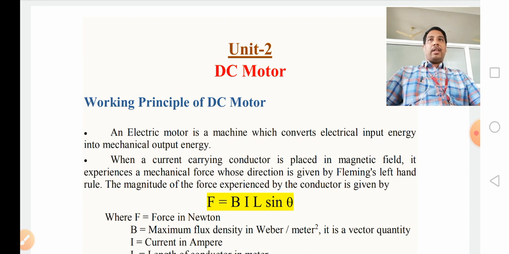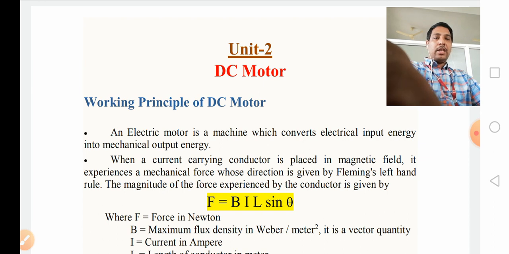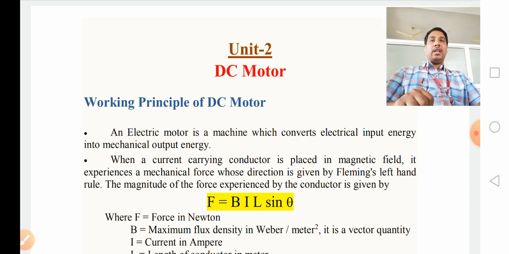Here we calculate the magnitude of the force experienced by a conductor using the formula below, which I have shown in yellow color: F is equal to BIL sin theta.